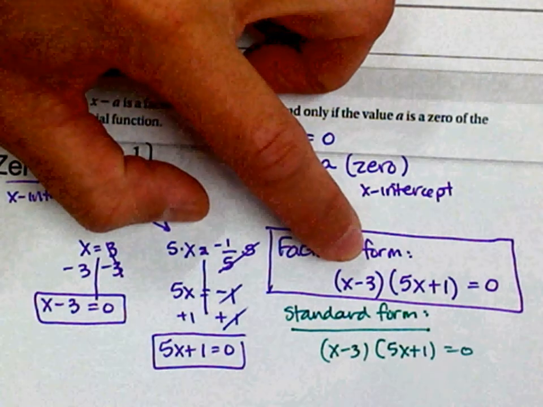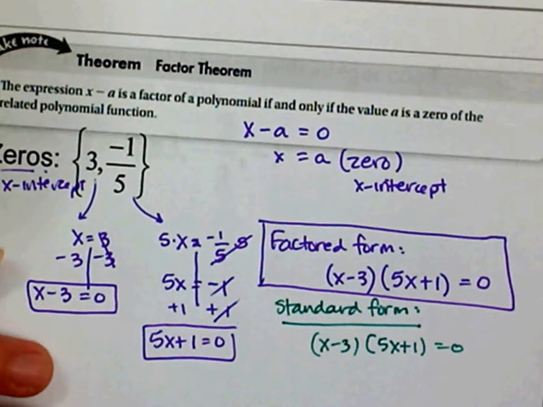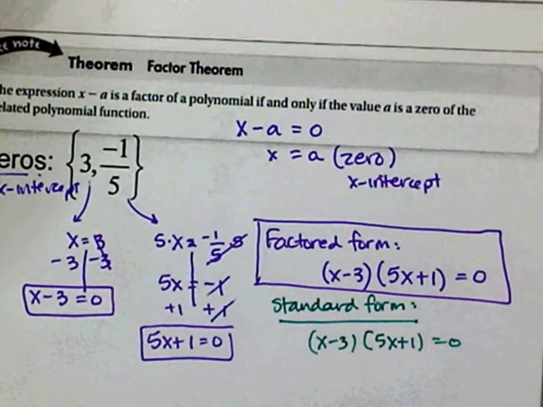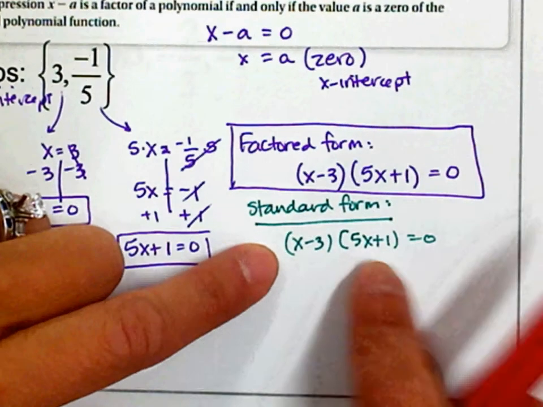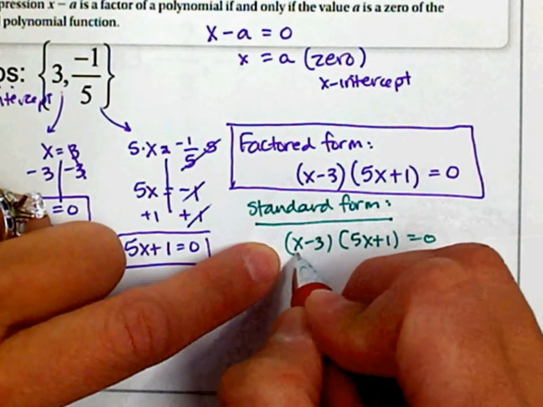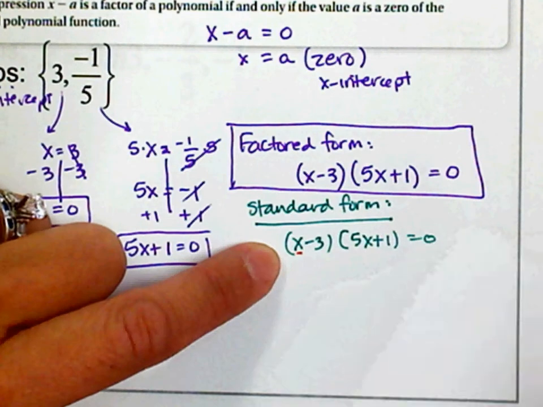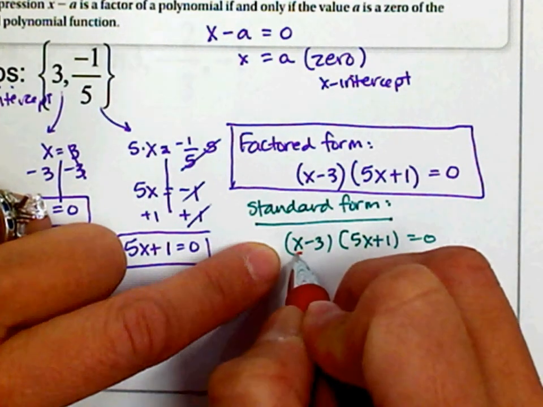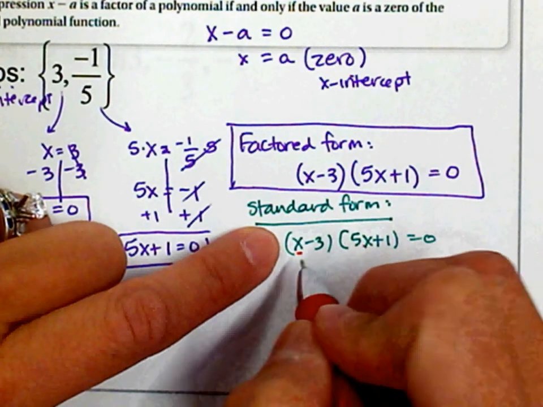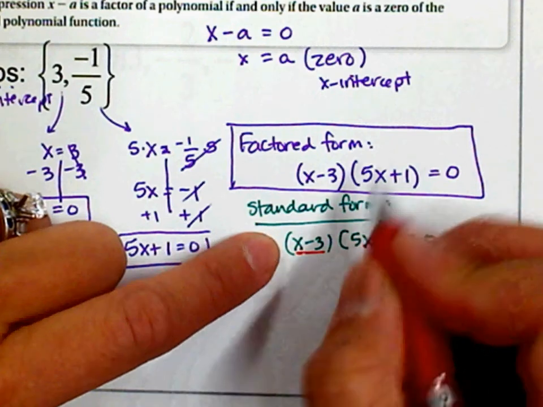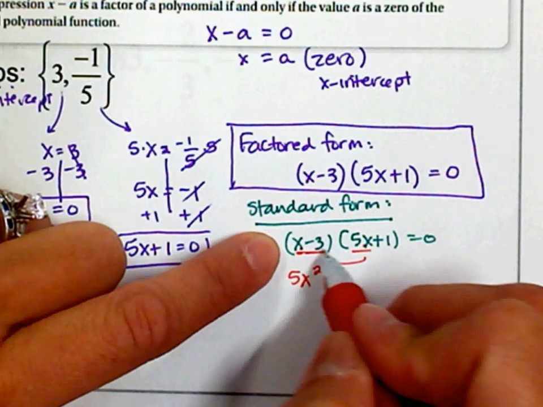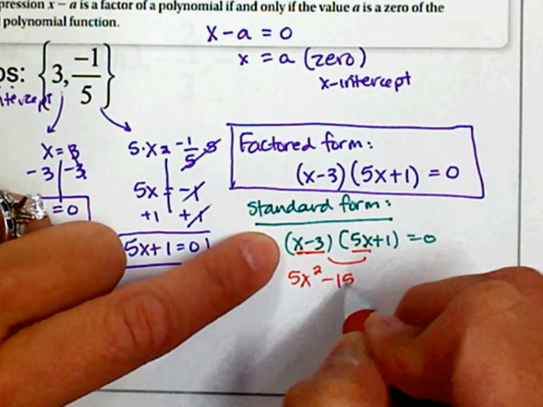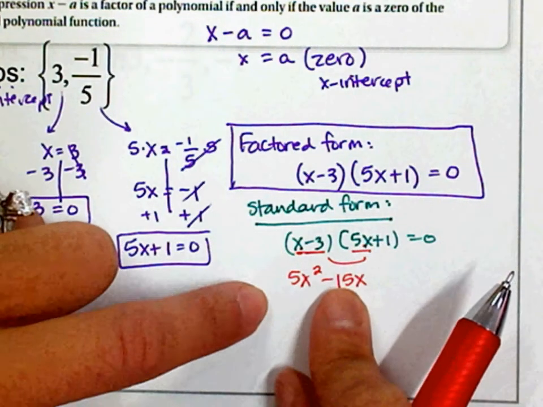So how do you guys write standard form? What do you do when you have two sets of parentheses like that? You just multiply. So I'm going to take this one times all of it, or vice versa, okay? So you can take this one times 5x. What is x times 5x? 5x squared. Negative 3 times 5x, negative 15x. Remember how I showed you guys how to do it by columns?